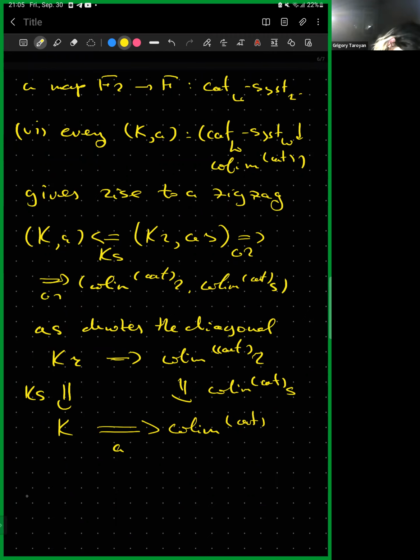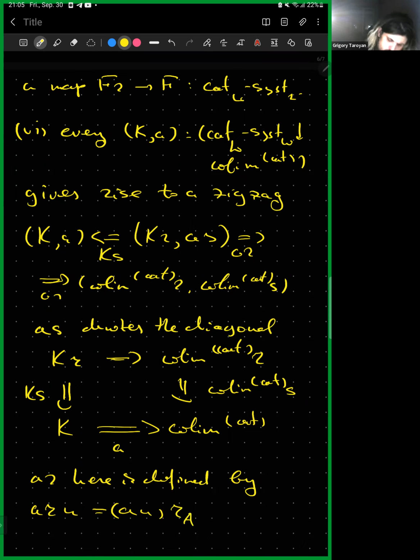So ER here is defined by the following formula: ER U is equal to K U R_A for every functor U between small categories.